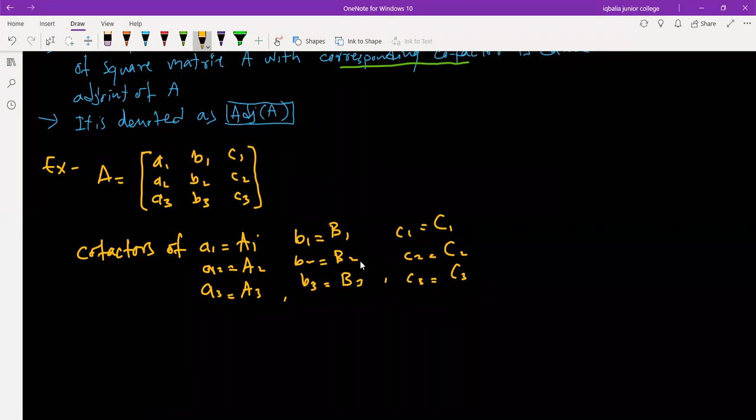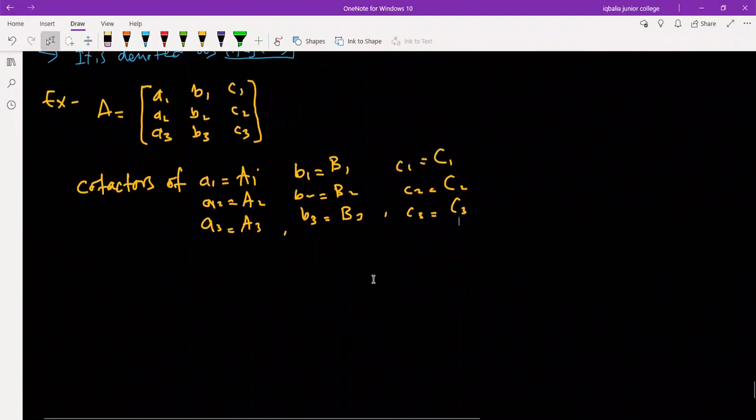So those in capital form denote cofactors of the corresponding element. Suppose we found 9 cofactors of the matrix.